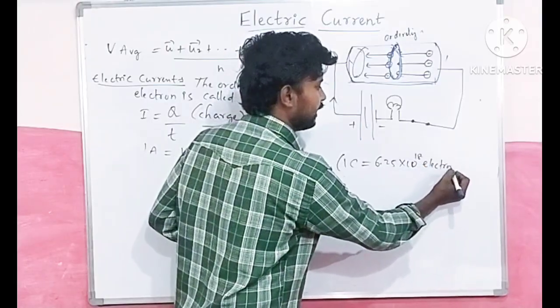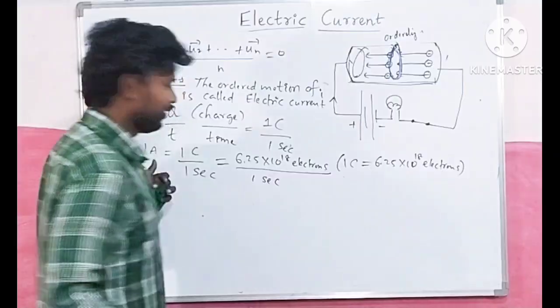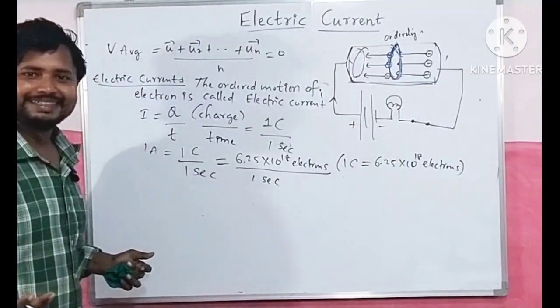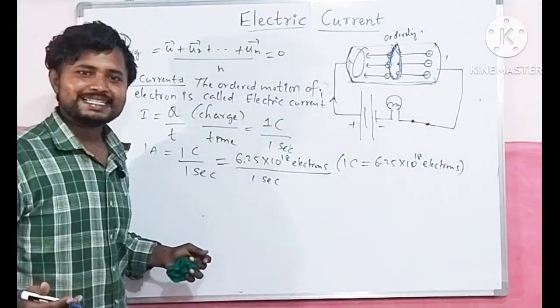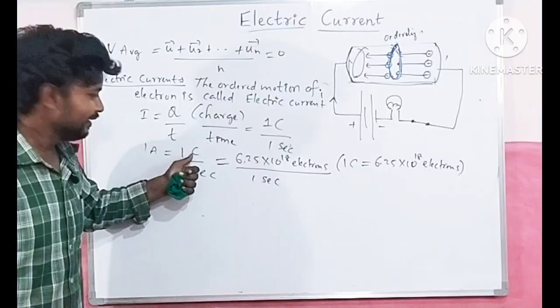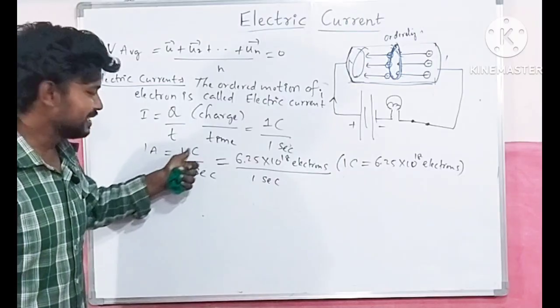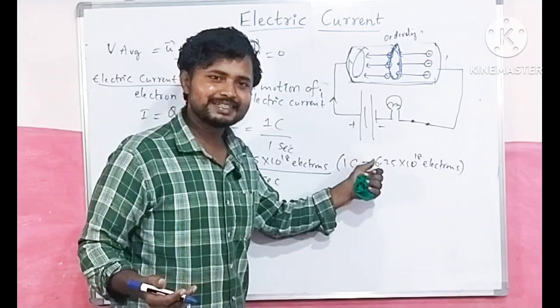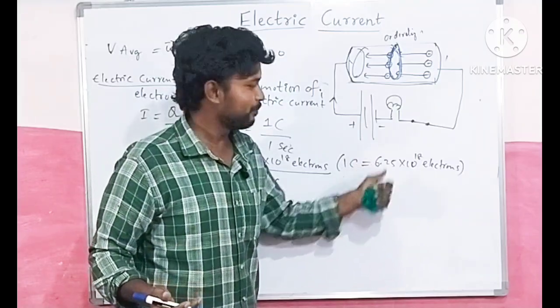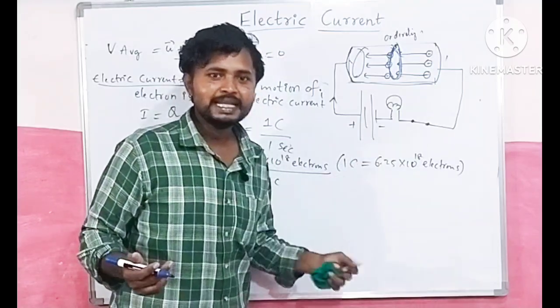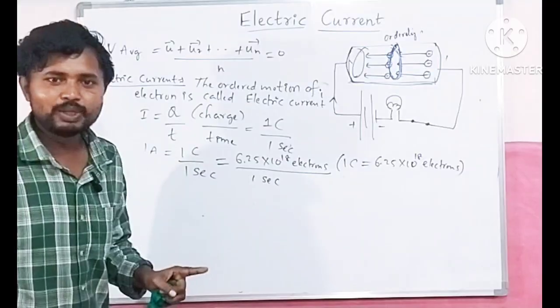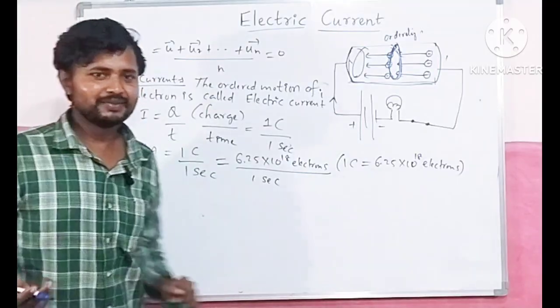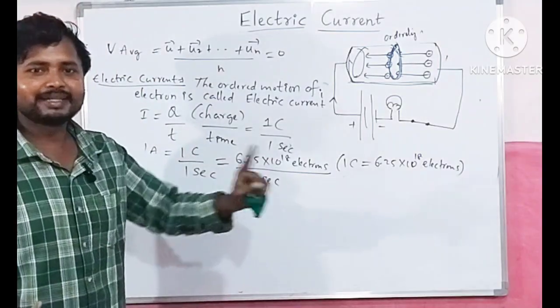So in a 1 ampere current, 1 coulomb of charge is flowing for 1 second, which means 6.25 into 10 power 18 electrons are moving in 1 second, which is equal to 1 ampere current.